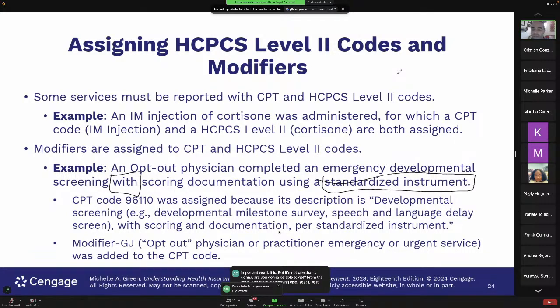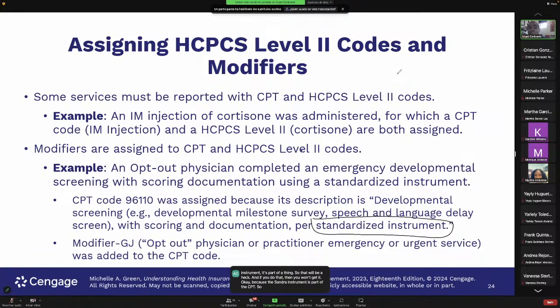You can look for standardized instrument. But where would you look for standardized instrument? Well, again, is it a thing or is it a procedure? Standardized instrument, it's part of a thing, so that will be a HCPCS. And if you do that, then you won't get it, okay? Because the standardized instrument is part of the CPT.